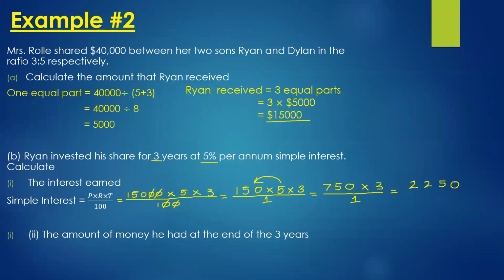Anyone else get that? I got that. Good. Now, what is the total? All right, what is the total that you have to pay at the end? What is the total you receive at the end of 3 years? 17,250. How did you get that? We add 15,000 and 2,250. Good. So you have to add them too.